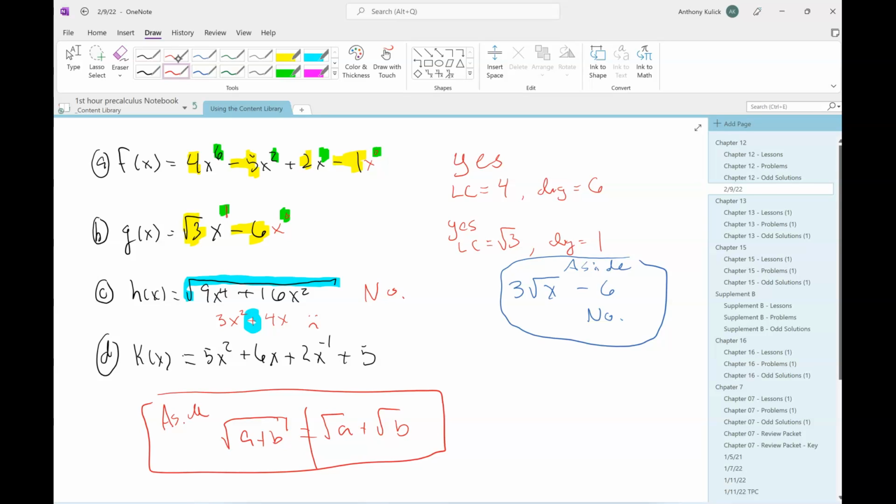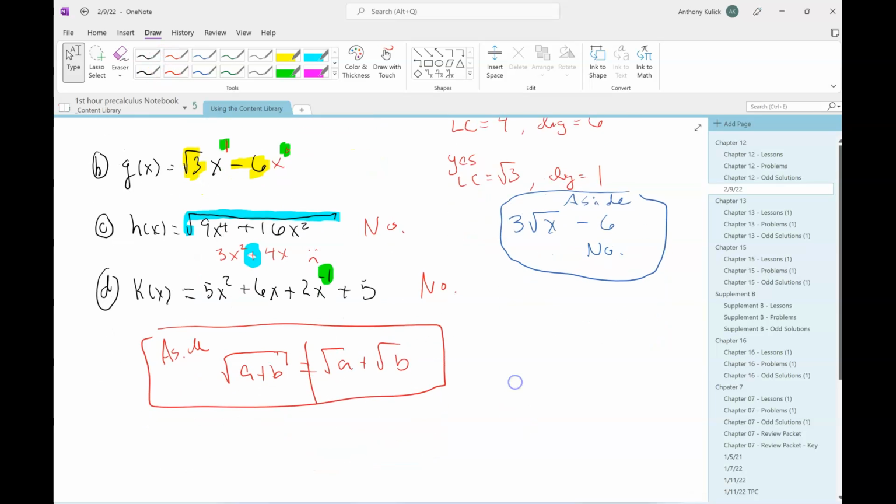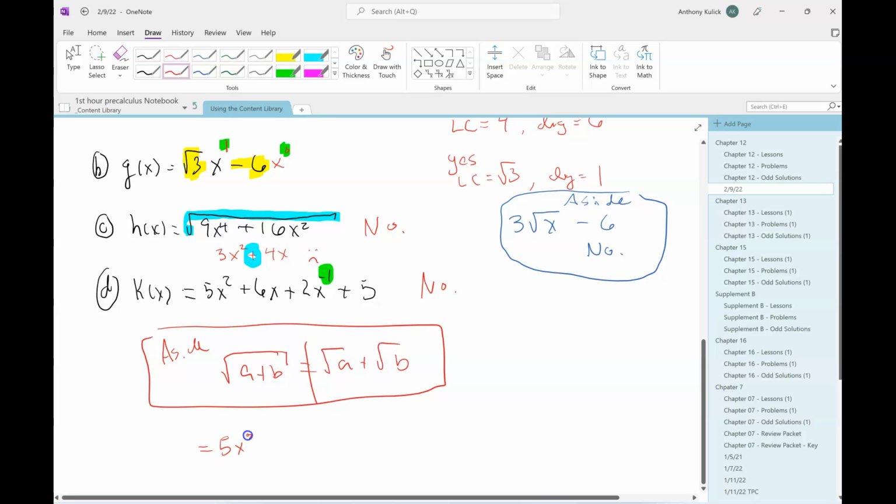K of x equals 5x squared plus 6x plus 2x to the negative 1 plus 5. Is that a polynomial? No, why not? That's our problem. Keep in mind that this is also the same thing, right?